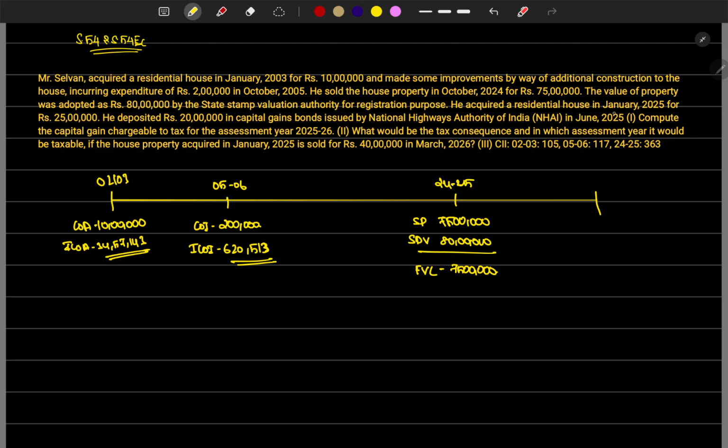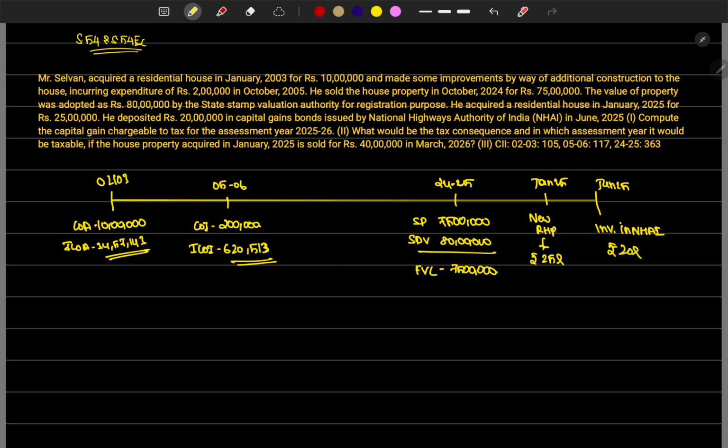Then he acquired a new residential house property in Jan 25 for rupees 25 lakhs. He also deposited 20 lakhs in capital gain bonds issued by the National Highways Authority of India, in June 25, which is rupees 20 lakh.